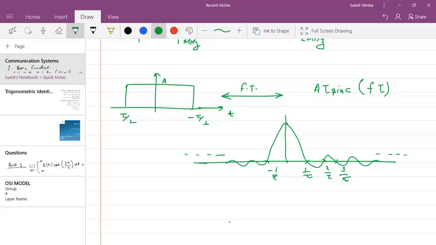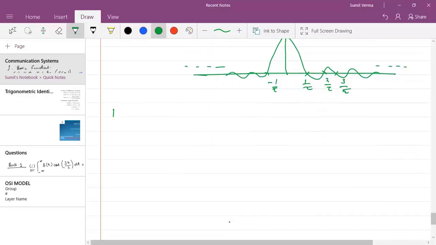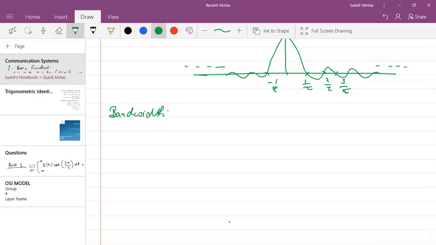So now how do I define bandwidth? Another important term, bandwidth. Bandwidth is basically, if you want the definition of it, the difference of the highest frequency component and the lowest frequency component.